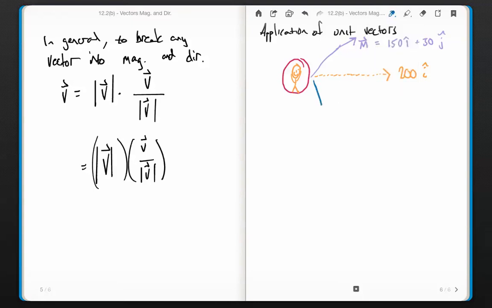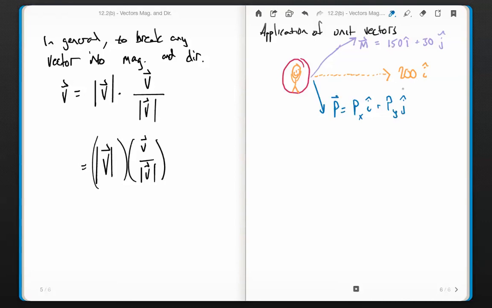Papa has to pull in this direction somehow, so that the result becomes just 200 in the i direction. So P is going to be some Pxi plus Pyj.